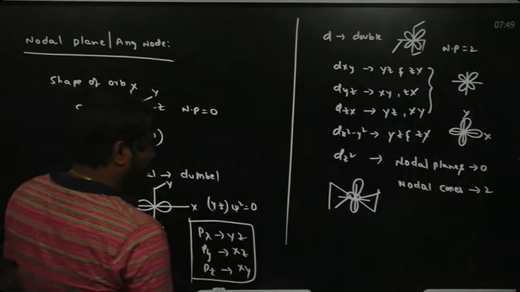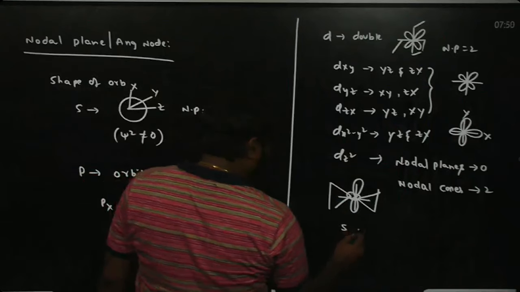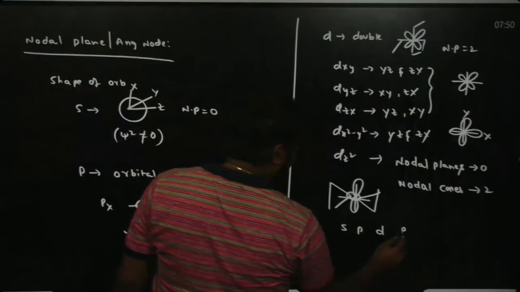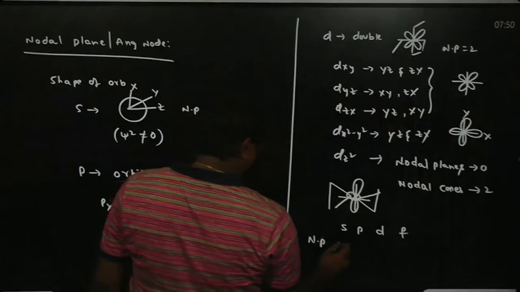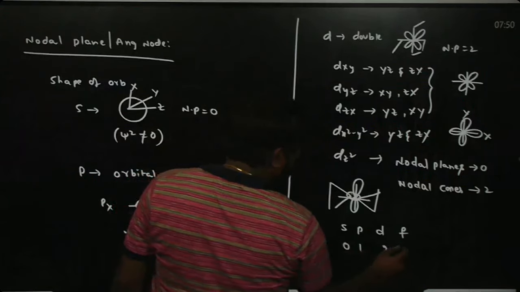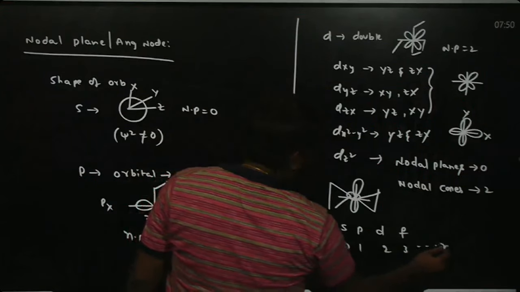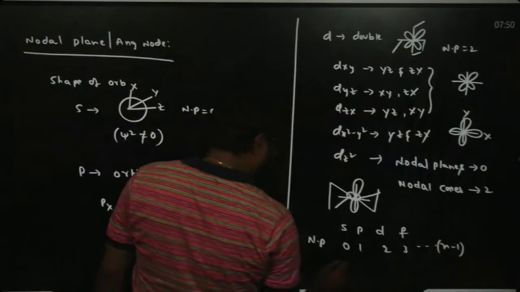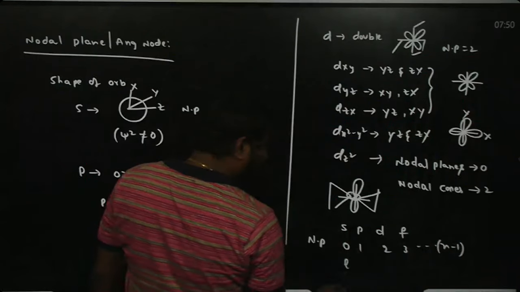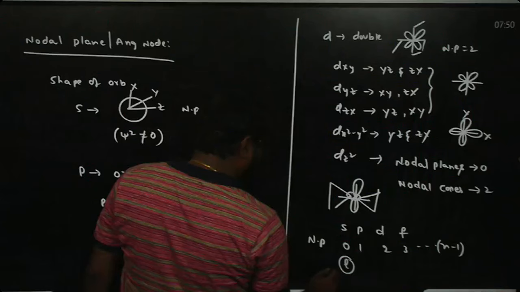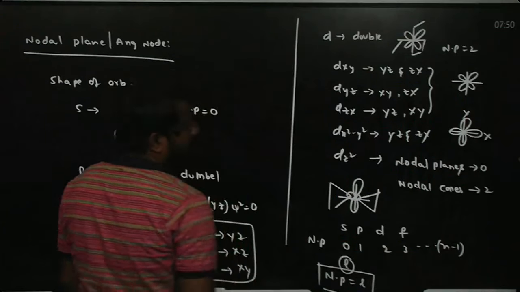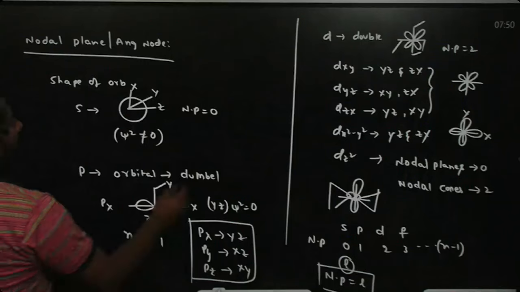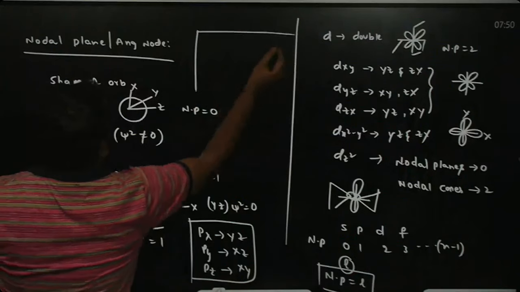So the simple thing we can write: for s orbital, p orbital, d orbital, f orbital, the number of nodal planes is 0, 1, 2, 3, and so on up to n minus 1. This is nothing but L, the azimuthal quantum number. So the number of nodal planes is simply L. From all this content, what can we write?